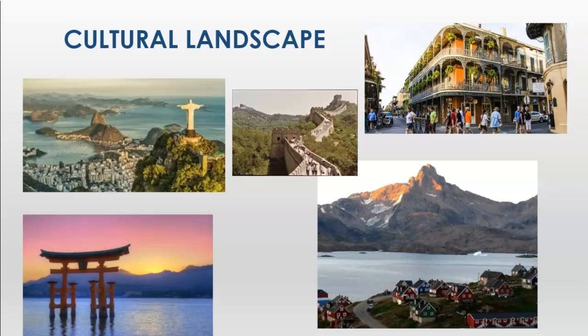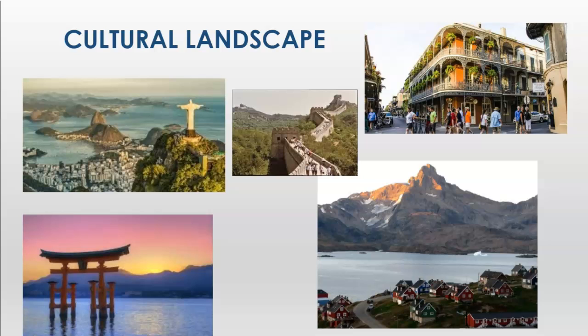We have a few pictures here on this slide, right? For example, in Brazil, right, you have the Christ Redeemer statue that's been built on top of the mountain overlooking Rio de Janeiro, right? This is a unique part of their own cultural landscape, right? Or you have the Great Wall of China, which was built as a protection many centuries ago, but now is a major tourist attraction, right? But that's part of the built environment, right?